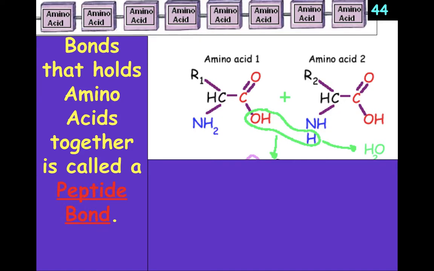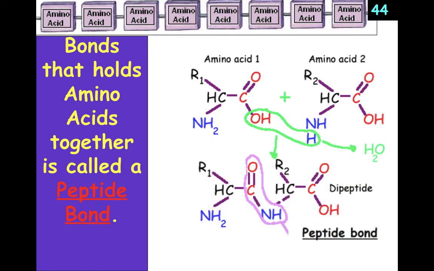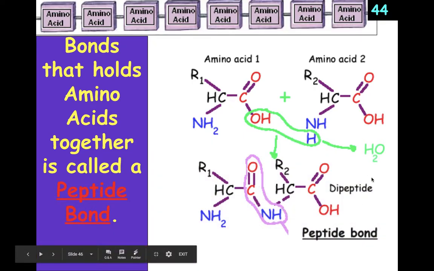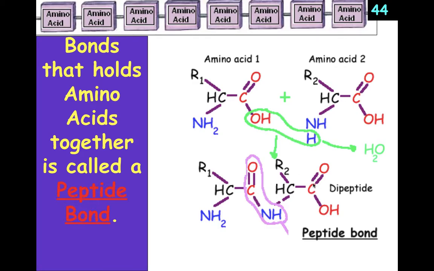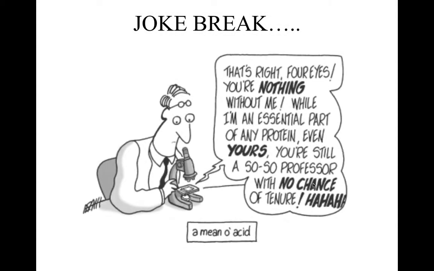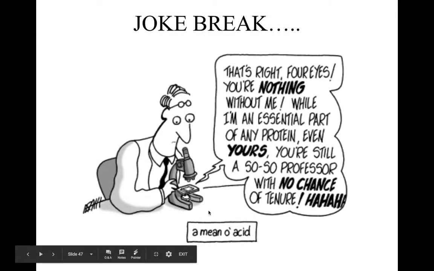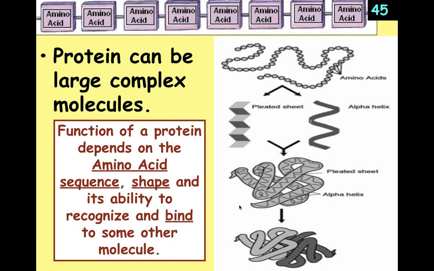They all release water. And there we have the finished peptide bond. It's a dipeptide because we have two amino acids that are joined together. And we've looked at this before. It's amino acid. So proteins are very large and complicated molecules.